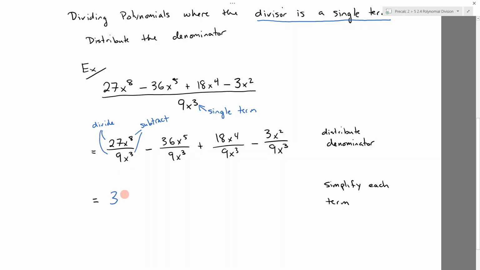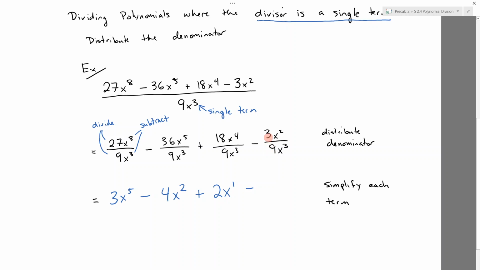Then we subtract the exponents. So we get x to the 5th. Do the same thing here. 36 divided by 9 is 4. Subtract the exponents. 5 minus 3 is 2. 18 divided by 9 is 2. The exponents here: 4 minus 3 is 1.